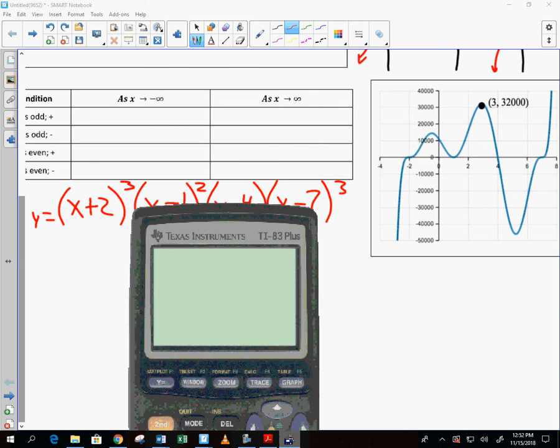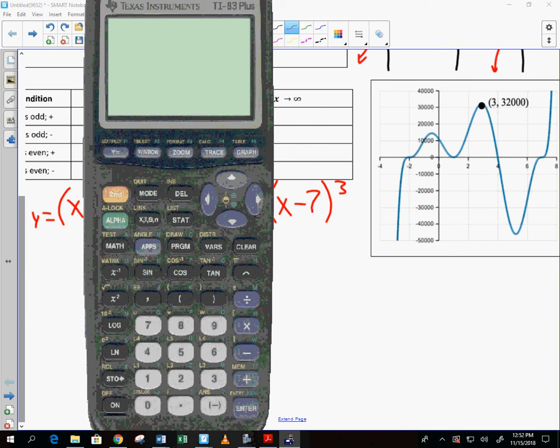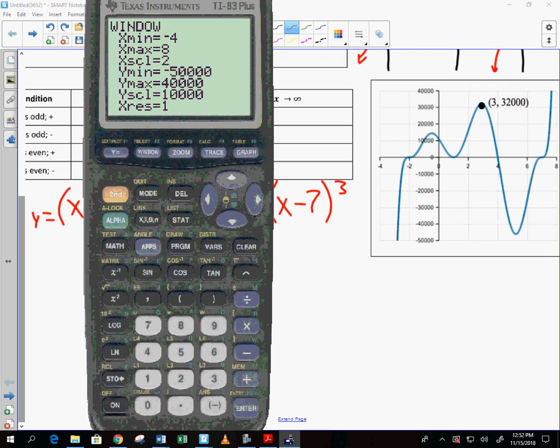Watch what happens when I plug it into my calculator. I plug it in just like that. And I change my window so that instead of being 10 by 10, I make the x value of -4 to +8, tick mark every 2. It looks like my y values go down to -50,000 and up to 40,000, and a tick mark every 10,000.